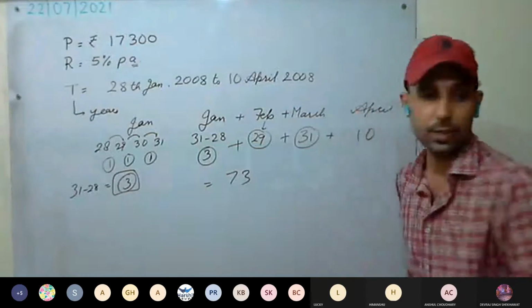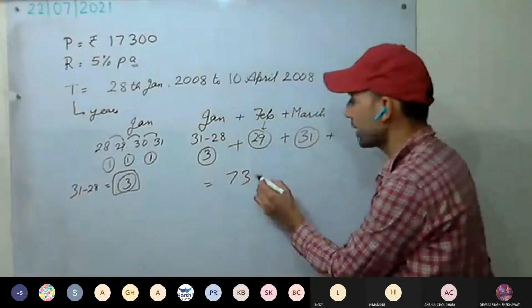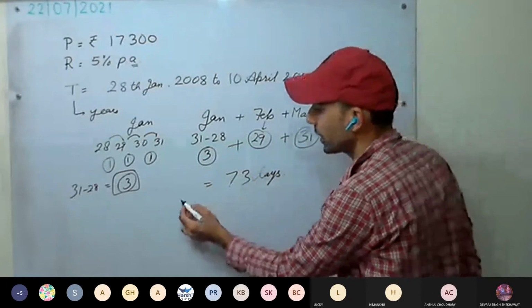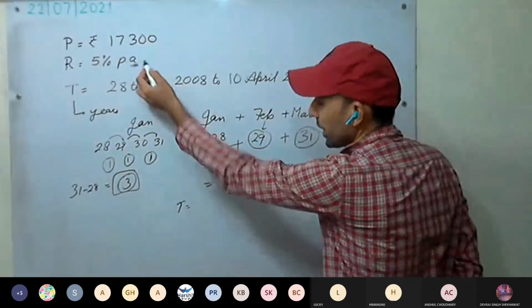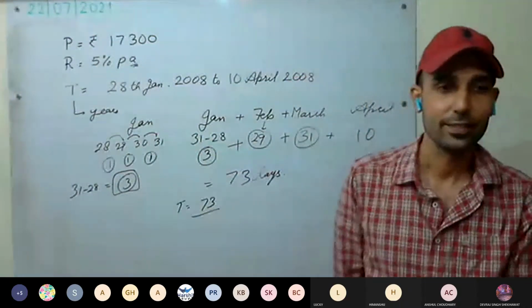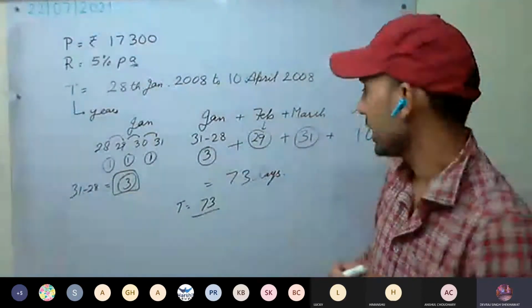Total of 73 days, okay? Now, these are days. We have to convert these days into years. Time we require in years, per annum is there. So 73 divided by how much? 12? But these are days.